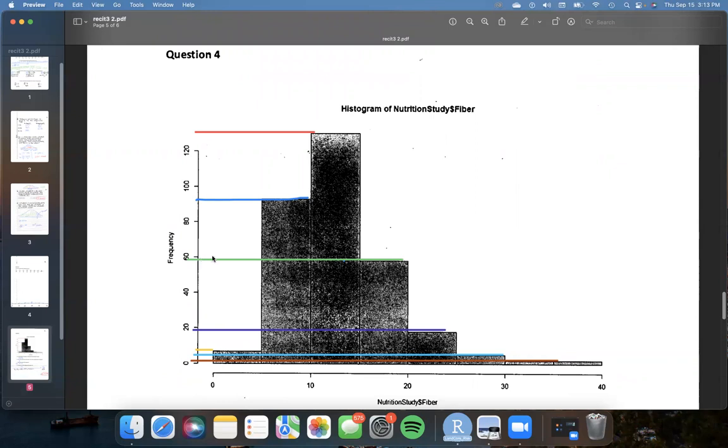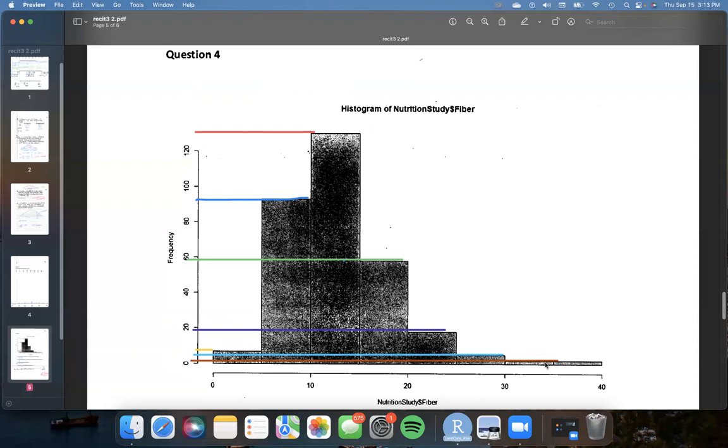And then our purple line, which is a little off, so 20 to 25 are data points that fall within that range. I guessed that it would be around 19. And then for our 25 to 30 range, that looked like a 3, that there are 3 of our data points in that bucket.